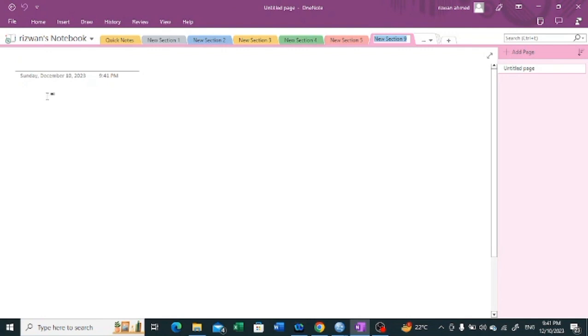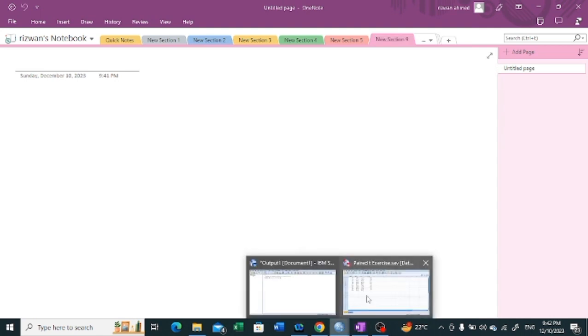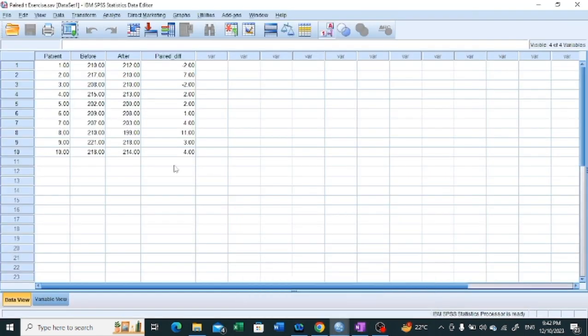for the same question in the same way. And the question that we have dealt with in the case of paired t, we are using the same question, in which we are given the before-program cholesterol level and after-program cholesterol level of 10 patients, and in the application of the paired t-test we computed paired differences.